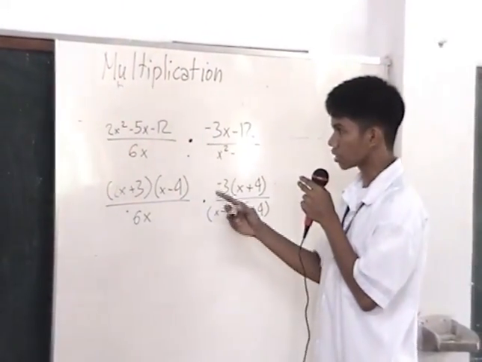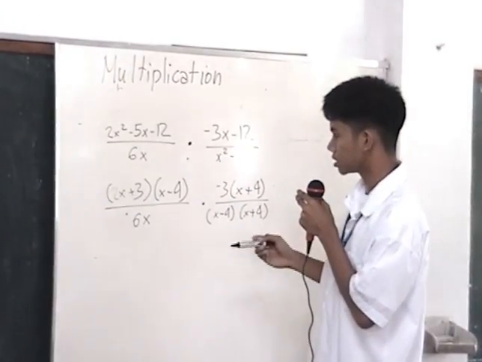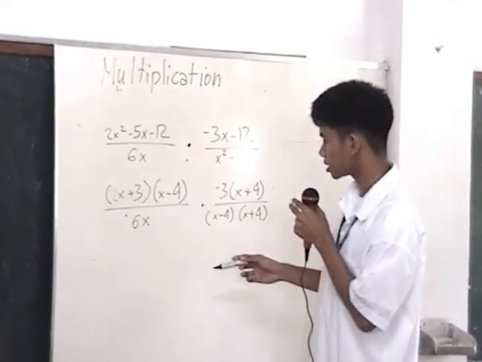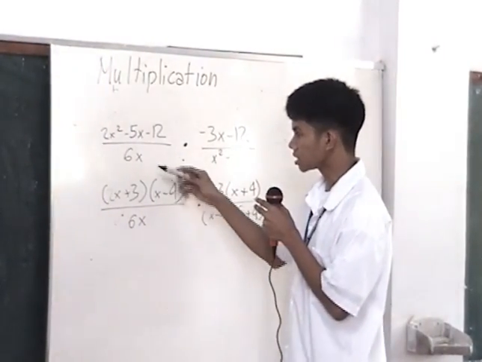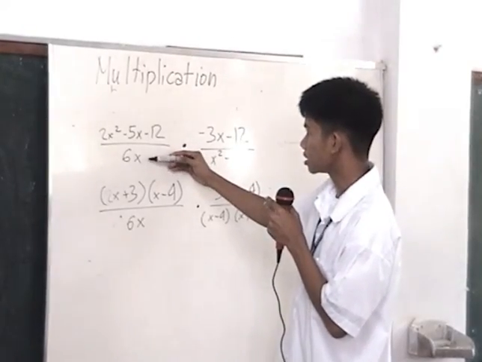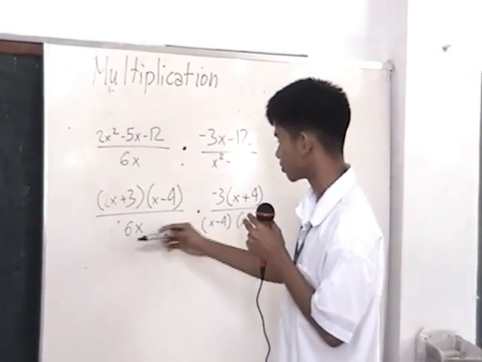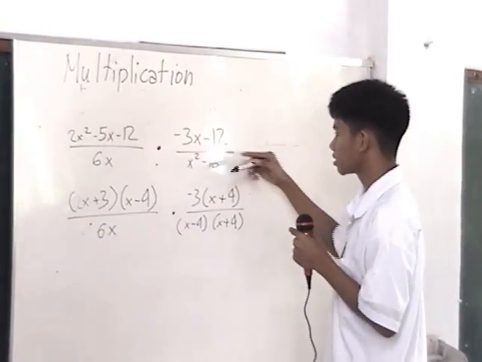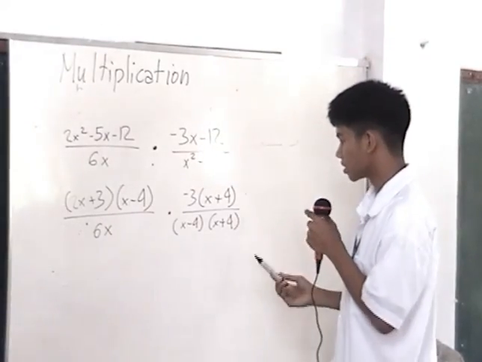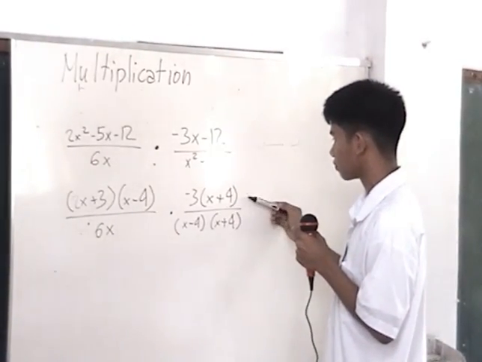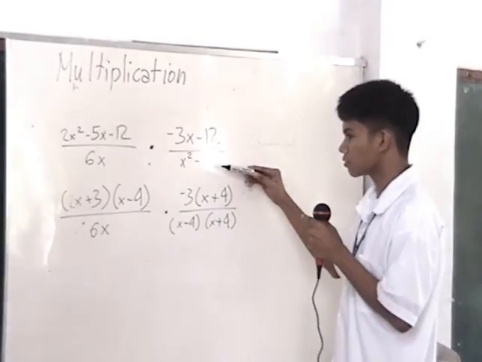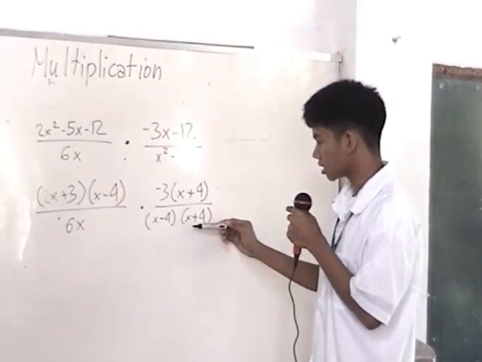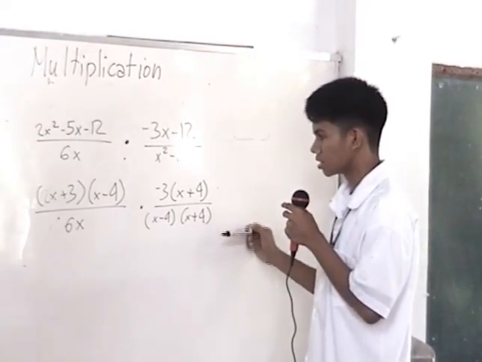The factors of 2x squared minus 5x minus 12 is the quantity 2x plus 3 times the quantity x minus 4. 6x is simply an expression, so it is written 6x here. Negative 3x minus 12, the factors of it is negative 3 times x plus 4. The factors of x squared minus 16 are x minus 4 and x plus 4.